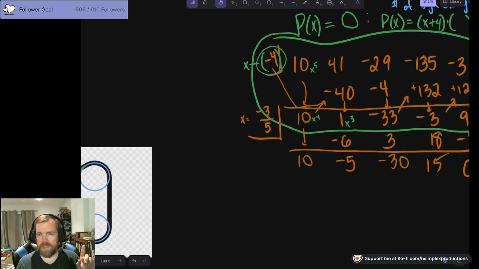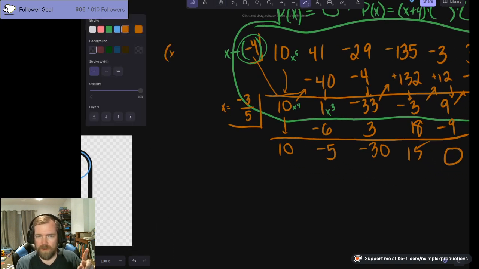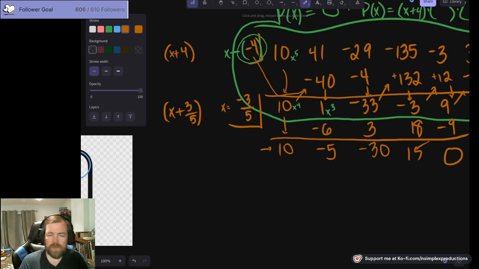Here's the other thing about synthetic division. We took out x plus 4 from this term. We took out, this is important, an x plus 3/5 here. This is not how I ever format things. I will never format anything as x plus 3/5. I hate it. I want everything to be integers as much as possible. So what we can do here is actually look at this and notice that there's a common factor.